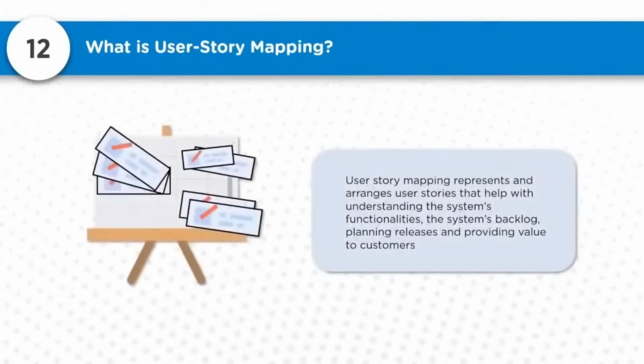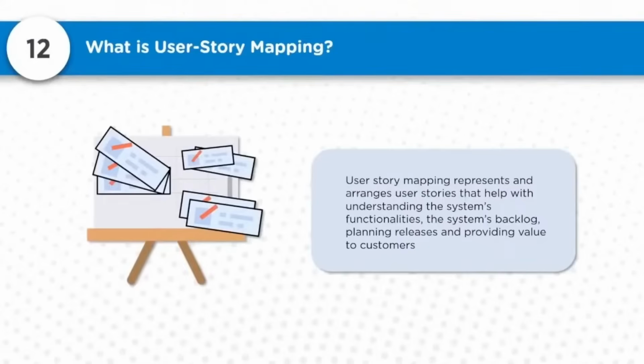So what is user story mapping? User story mapping represents and arranges user stories to help with understanding the system's functionalities, the system's backlog, planning releases, and providing value to customers. First of all, we write user stories to understand the required features and functionality from the user perspective.